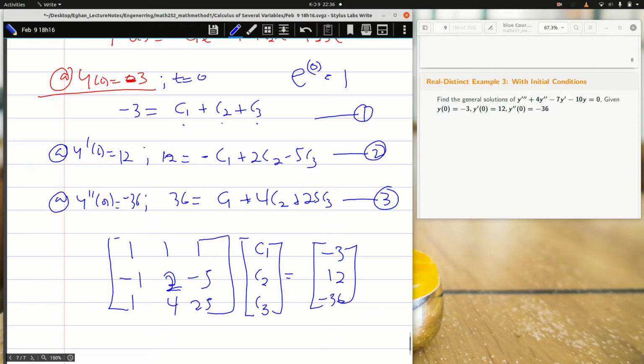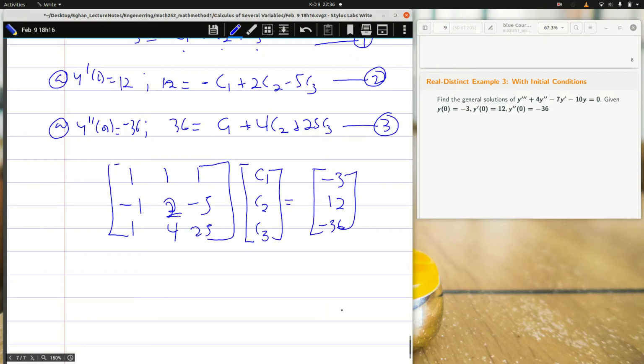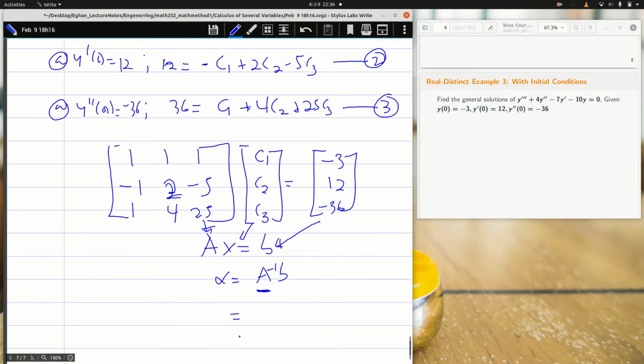Please, you are good to use any approach you want. If I'm using a system of equations, I have AX equals B, and X becomes A inverse of B. So I find the inverse of the matrix A, where here is A, here is X, and here is B. I find the inverse of A and multiply by B. If you do this, you're going to get a solution.